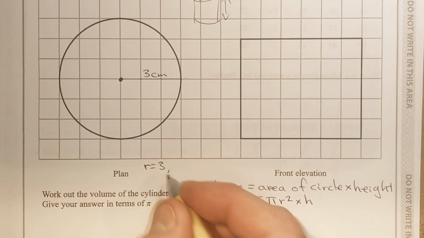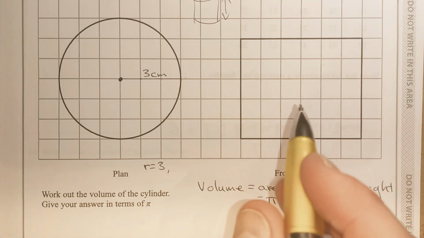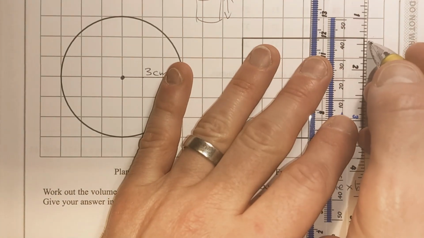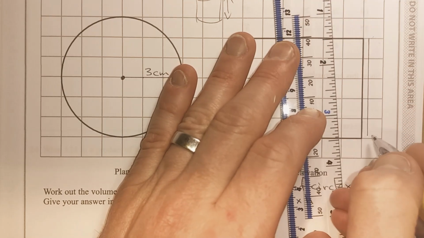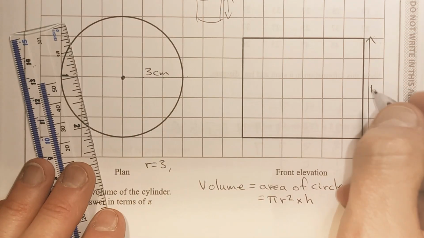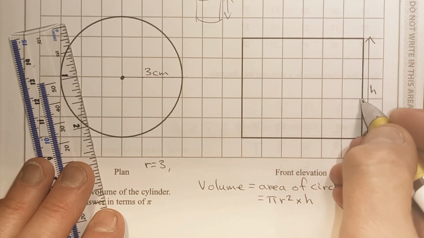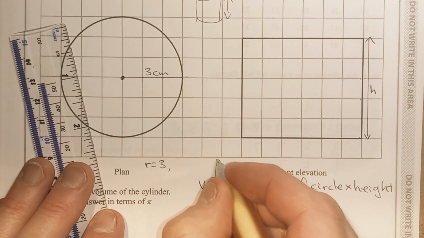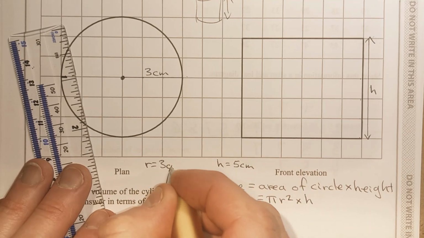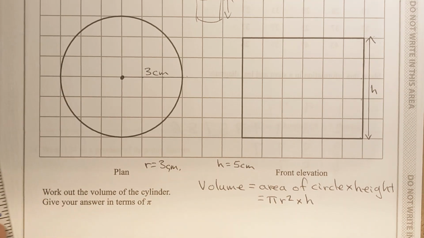We said we wanted h as well. If this is the front elevation, this is going to be our h, which is 1, 2, 3, 4, 5. So h equals 5. We can put the units as well, centimetres.